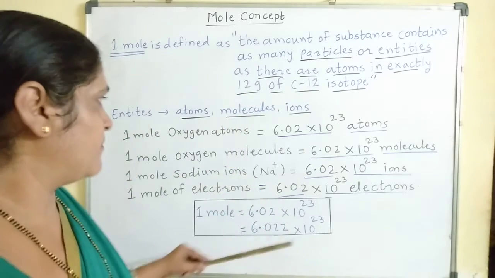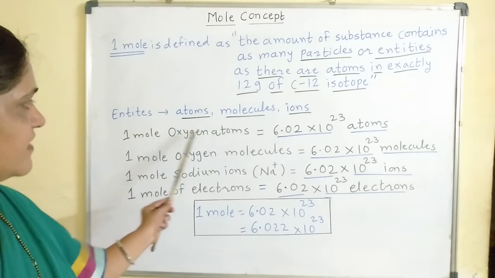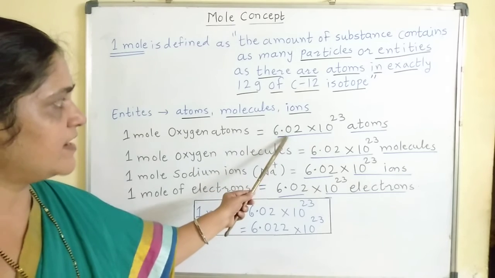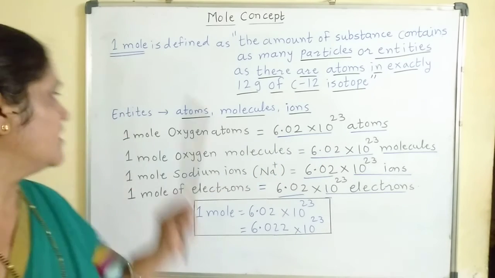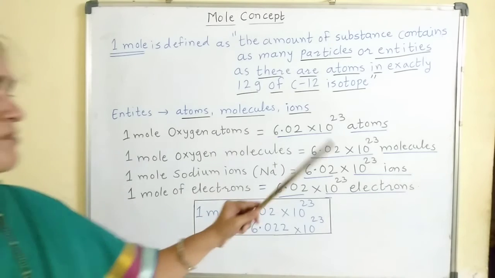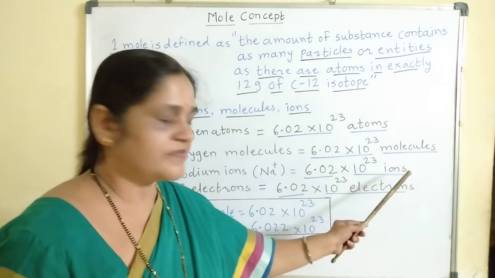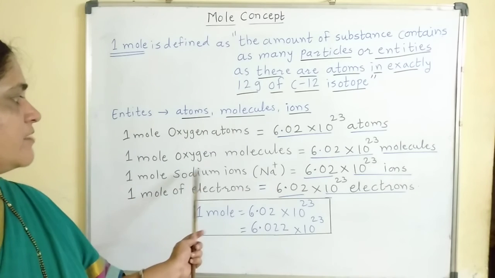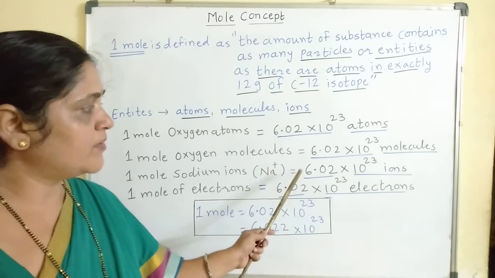So for example, 1 mole oxygen atoms means how many oxygen atoms? That is 6.02 into 10 raised to 23 atoms. 1 mole oxygen molecules means how many oxygen molecules? That is 6.02 into 10 raised to 23 molecules. 1 mole sodium ions, that is Na plus ions, means how many ions?